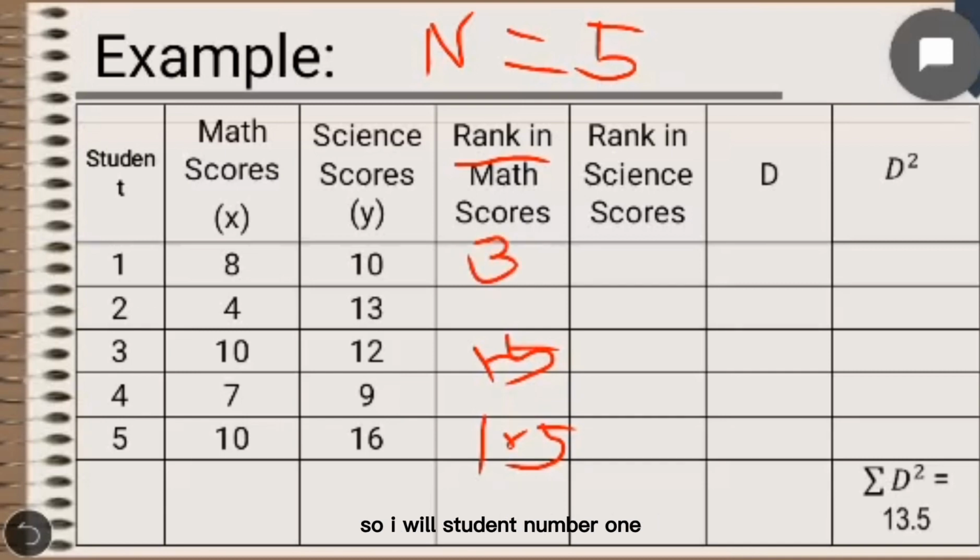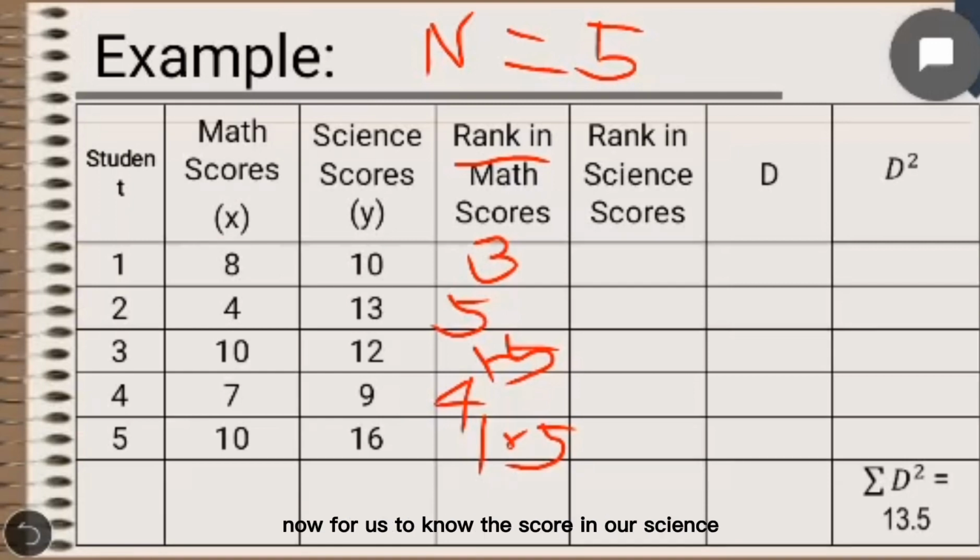So our student number 1 is ranked 3. Then student number 4 ranks 4th, and last, student number 2 ranks 5th. So student number 3 and student number 5 have the same rank, 1.5. Student number 1 is ranked 3, student number 4 is ranked 4, and student number 2 is ranked 5 for getting the lowest score in math.